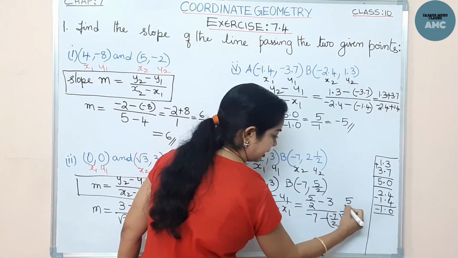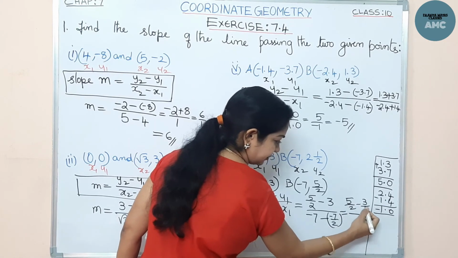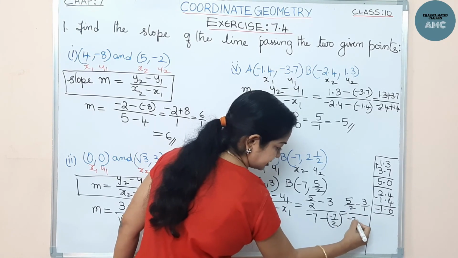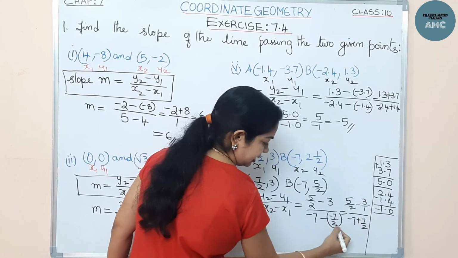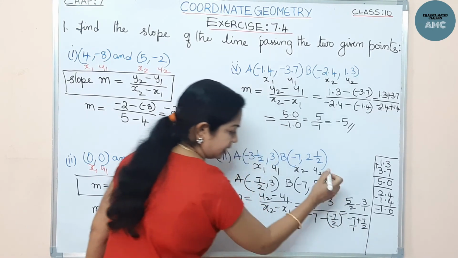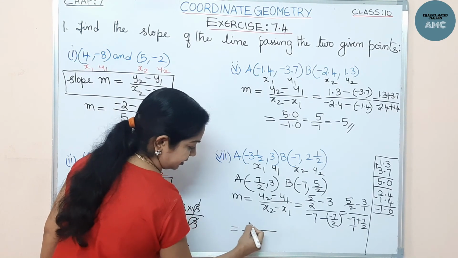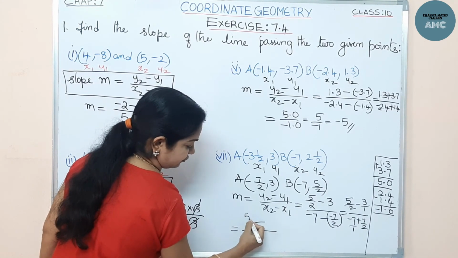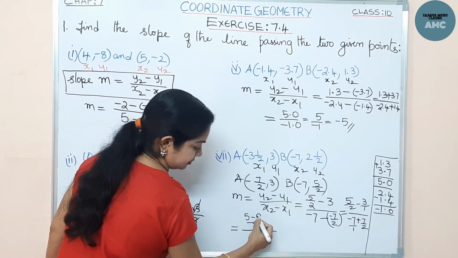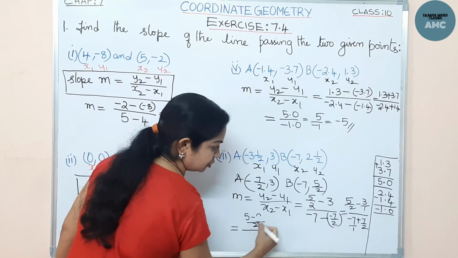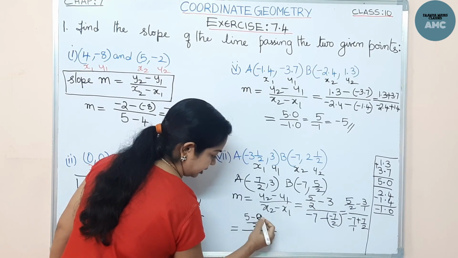Okay. 5 by 2 minus 3 by, let me take 1 here. Again here minus 7 plus 7 by 2. Minus into minus plus. Here minus 7 means take 1. Now we will take the LCMs. I'll write it here. The LCM is 2. 5 minus 1 3s, 3 3s are 9. No, 1 2s are 2, 3s are 6. Here comes 6. Okay, 6.